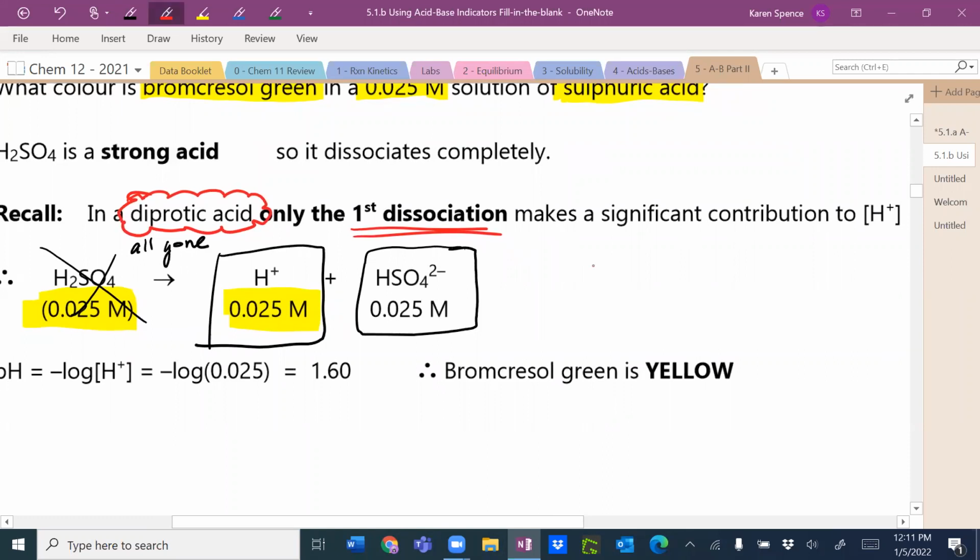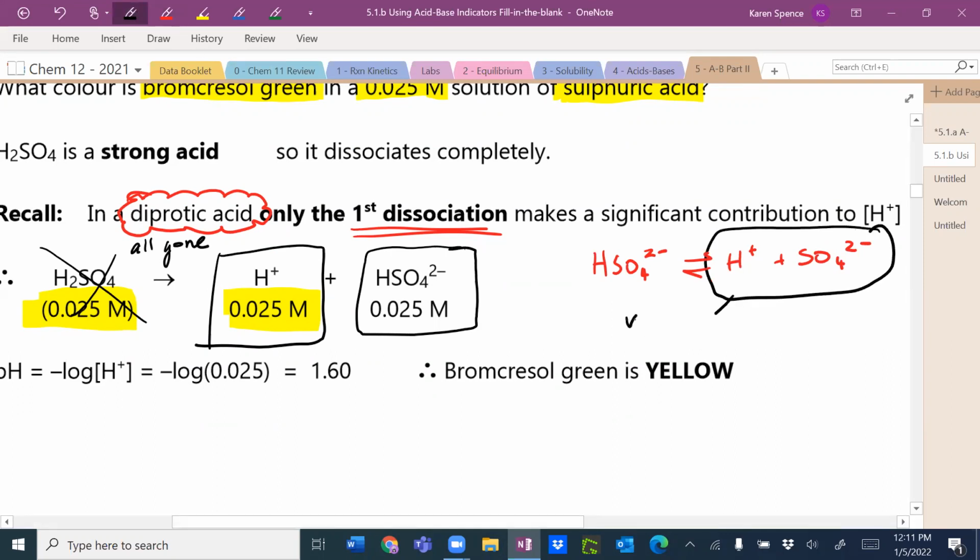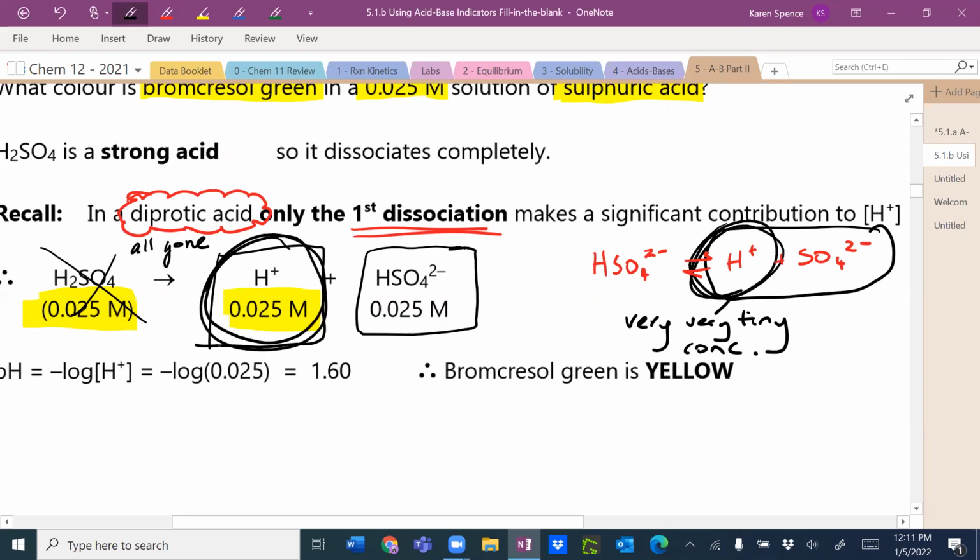So even though you could have HSO4- further dissociating into H+ and SO4 2-, these concentrations here are very, very tiny. And so they don't count for much of anything. This H+ is super insignificant compared to this H+. This H+ is the important one. Maybe this one's going to end up being 0.00004, and you can see that that's much, much less than our 0.025.